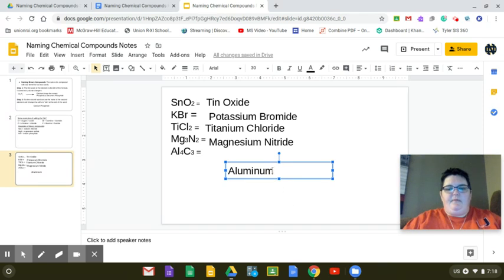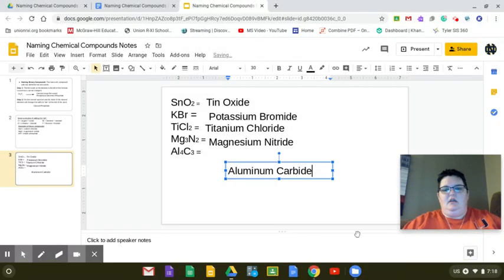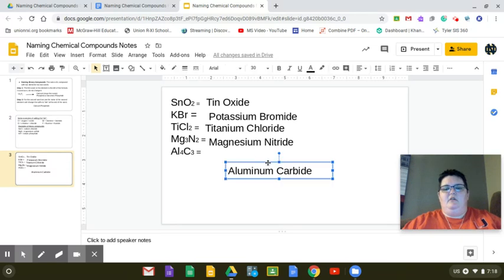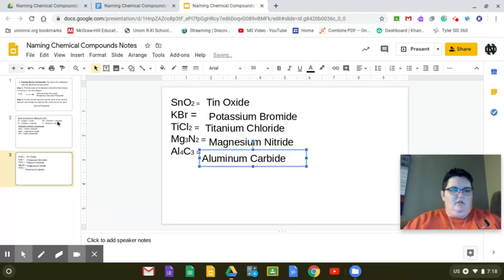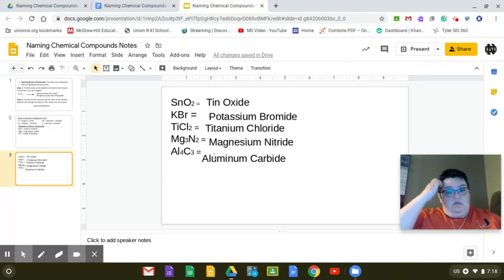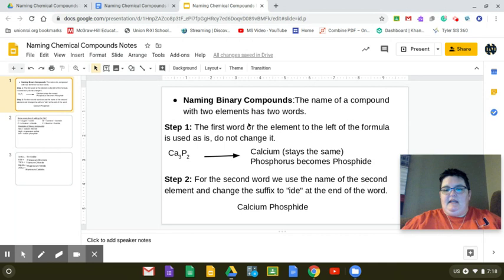So carbon is going to change to carbide, and aluminum carbide. All right. So that's how you do those. Again, the first symbol is always going to stay the same. Second one, you just change by adding the ide to it. Okay. All right.